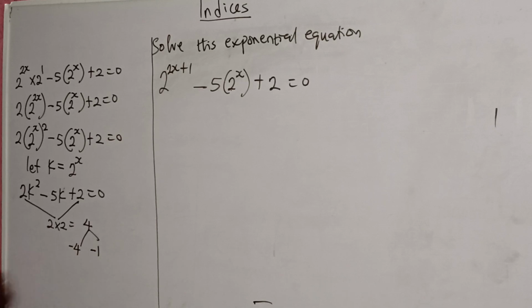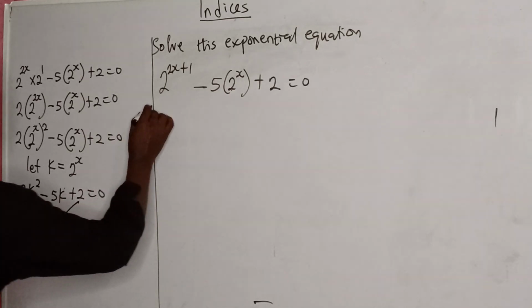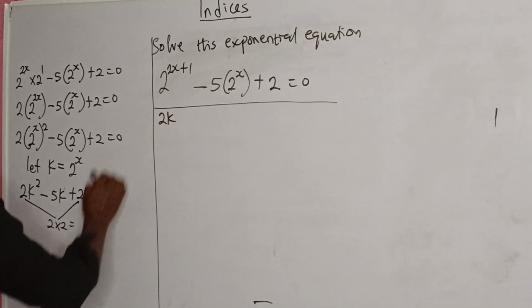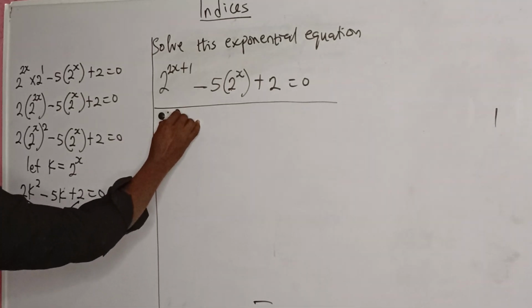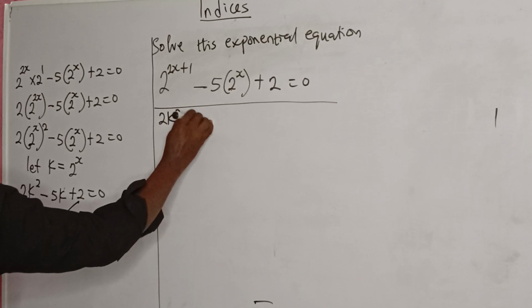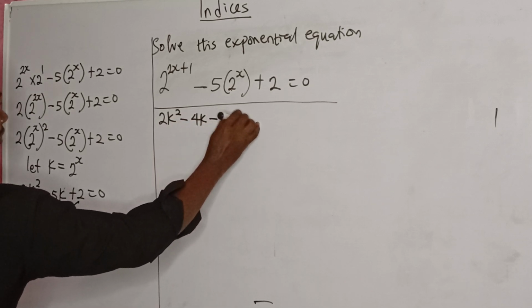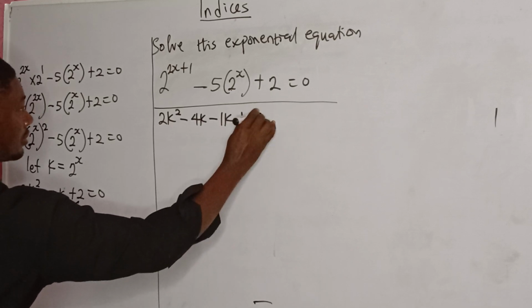Minus 4 times minus 1 will give us plus 4, then minus 4 minus 1 gives us minus 5. So you replace the minus 5 with minus 4 and minus 1. So this will give us 2k square minus 4k minus 1k plus 2 equals to 0.